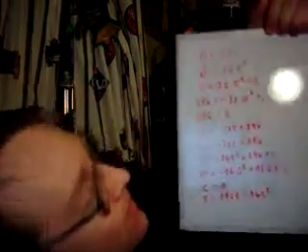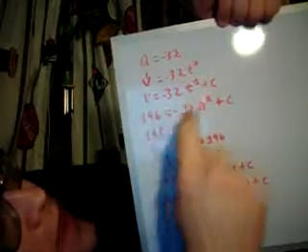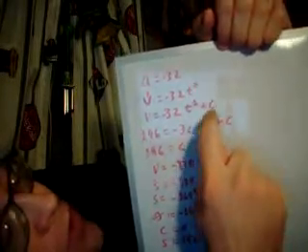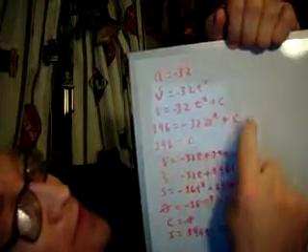That's right, we're going to start with a velocity of 196 feet per second. So, 196 equals negative 32 times 0 to the first power plus c.